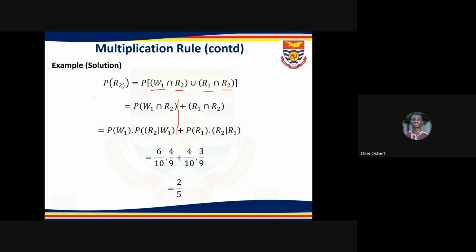So this can be written as probability of white intersection red. That is, you are getting a white first and a red second, or you can get a red first and a white secondly.